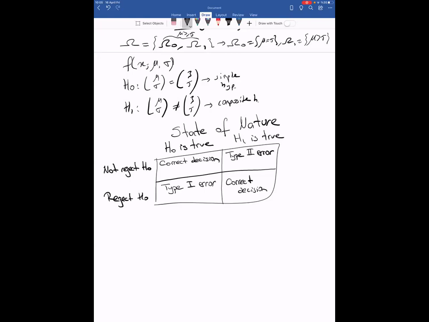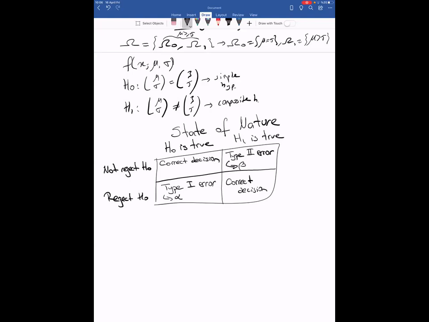And we have to consider the probability of each of these events. We need to consider the probabilities of obtaining a type 1 error and a type 2 error, and minimize them. The probability of a type 1 error gives us the alpha level, which is known as the significance level. The probability of a type 2 error is known as beta.